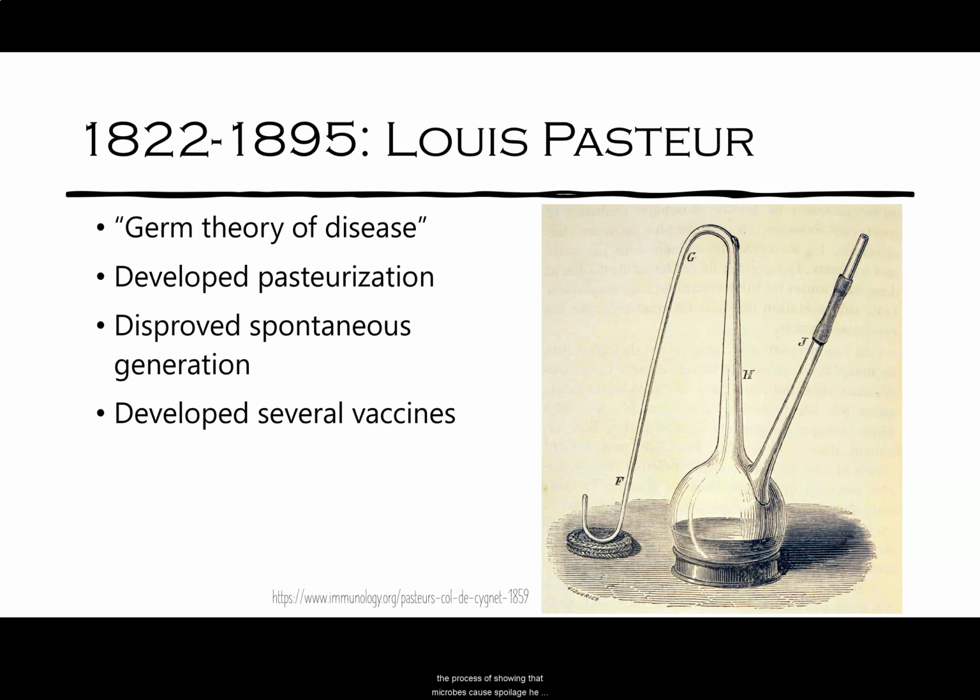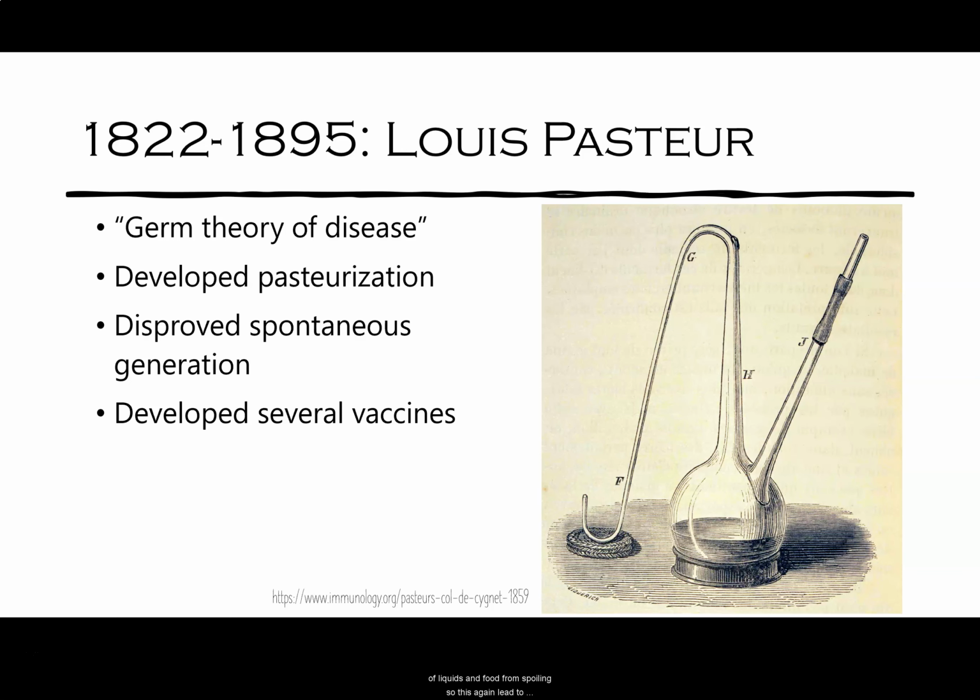In the process of showing that microbes caused spoilage, he also developed a process we now call pasteurization, of gently heating milk and gently heating wine to kill off the microorganisms that might be present in those liquids, and that increased the shelf life and prevented those liquids and foods from spoiling, right?